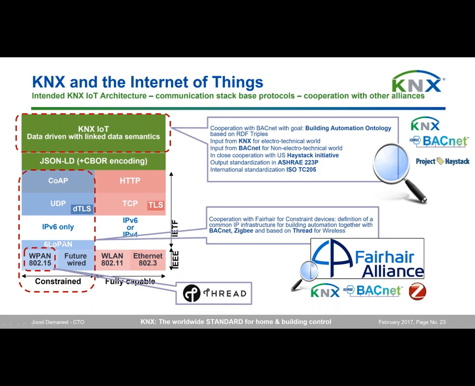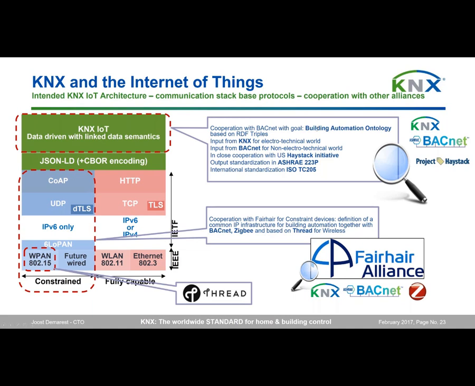We will communicate through 6LoWPAN, UDP, and CoAP using DTLS security. We will use KNX IoT data-driven with linked data semantics. For this, we are cooperating for this building automation technology based on RDF triples with BACnet and also with Haystack.